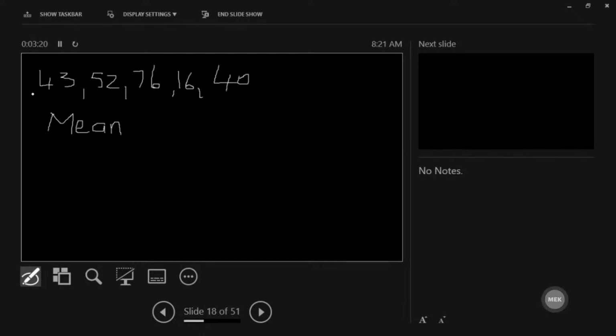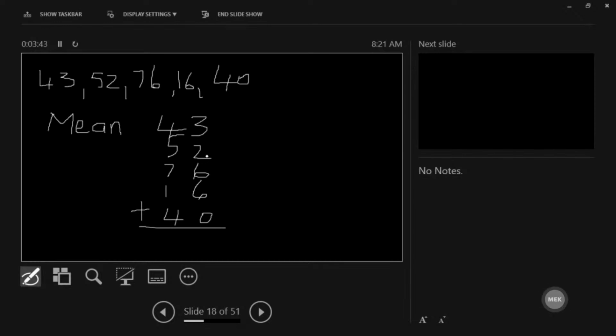So there are 5 numbers. 1, 2, 3, 4, 5 of them. So we're going to add 43, 52, 76, 16, 40. We're going to add them together to get the total.